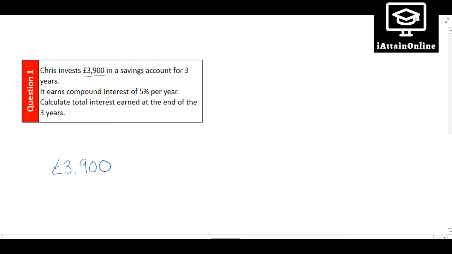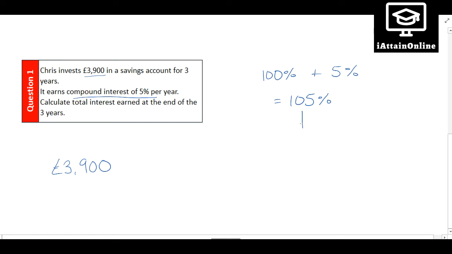Because it earns 5% per year, we're doing the original 100% and we're adding 5%. So at the end of each year, he has 105% of what he had at the start of that year.